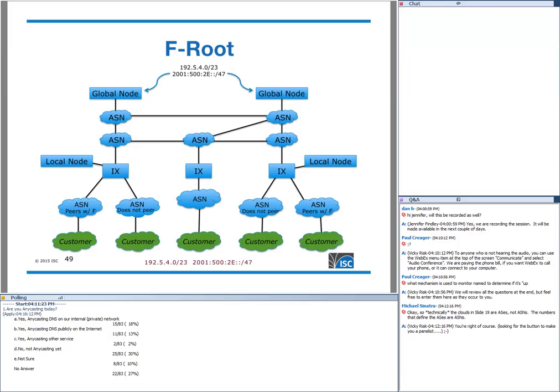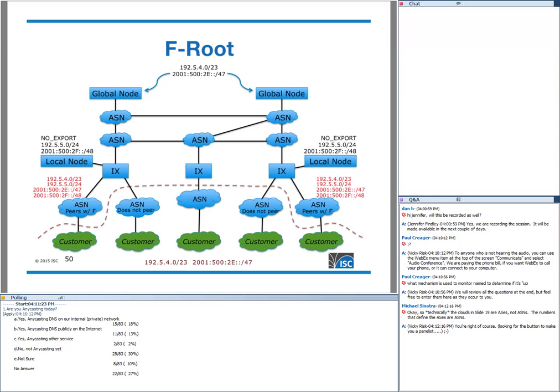That's announced globally. So every autonomous system will see those prefixes, the /23 and the /47. Next slide. And then there are the local prefixes we were mentioning, the /24 and /48 with the no export. So next slide.